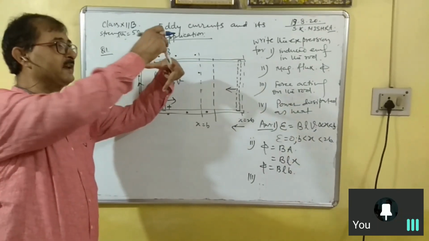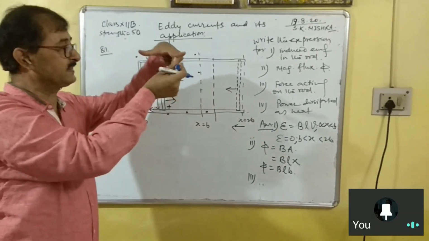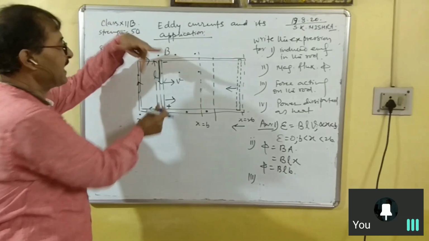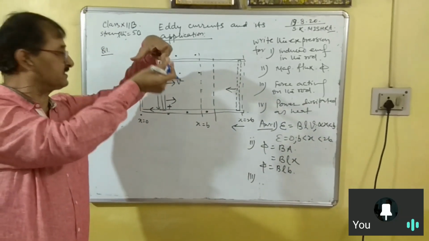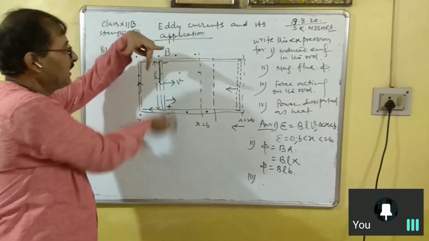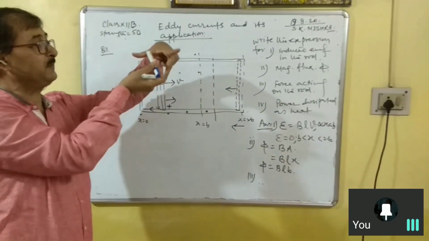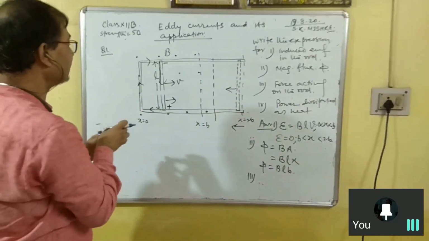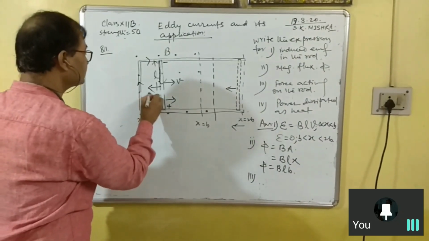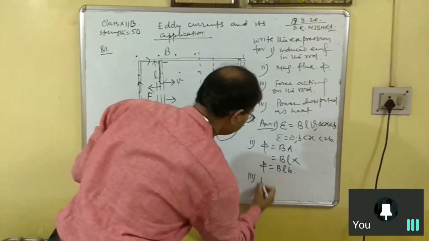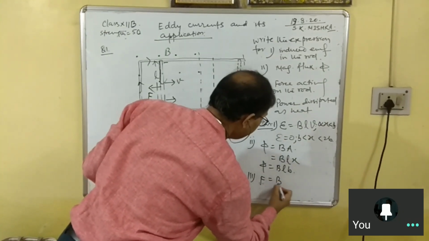This is the magnetic field towards the observer, this is the direction of current, vertically downward, so the force will be towards the left. The force is given by F equals BIL.